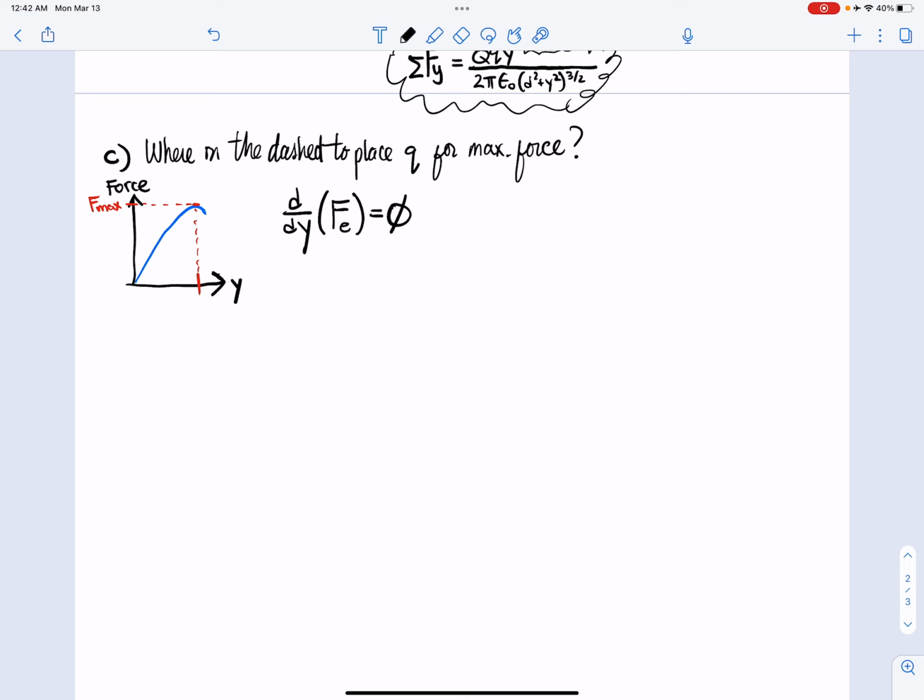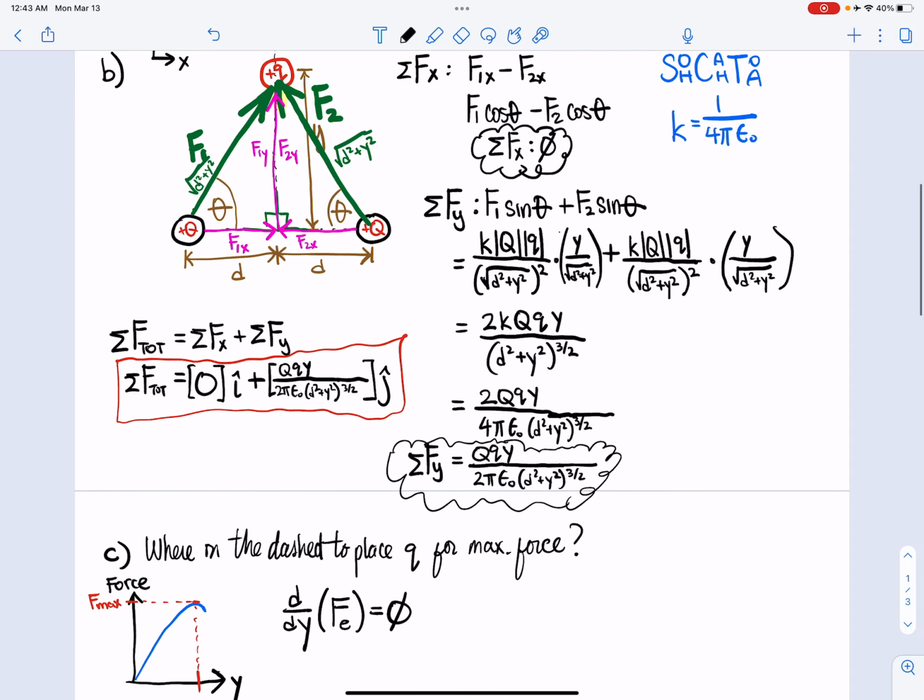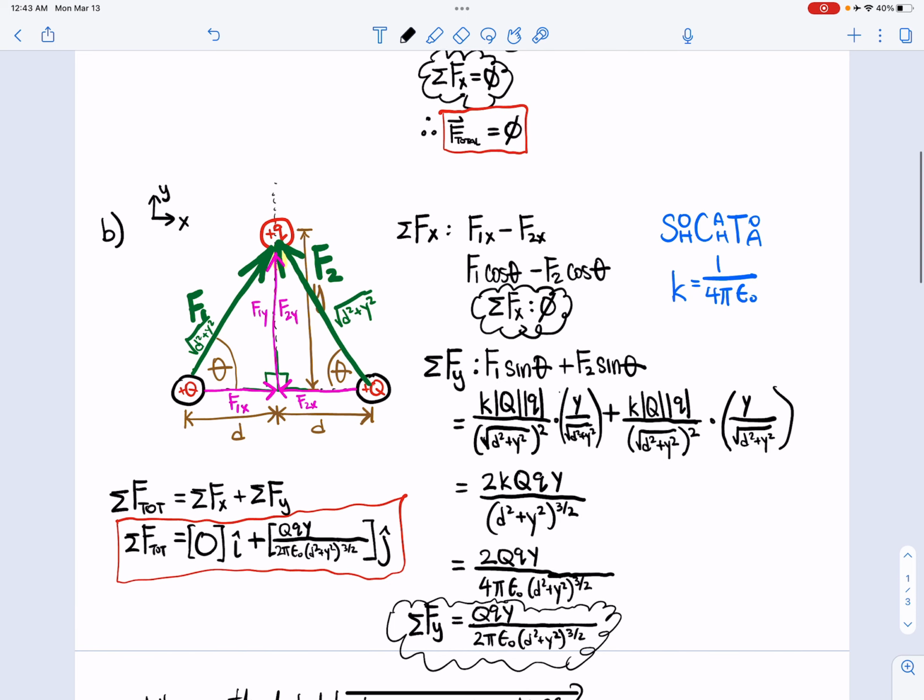So 0 is equal to d over dy of my electrostatic force. Again, what is electrostatic force?